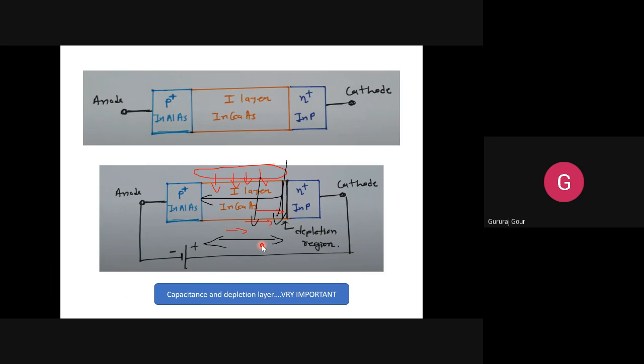What was happening in the forward bias condition is that, because of the smaller depletion region, we are not getting sufficient absorption. A smaller number of photons will be absorbed, hence less contribution of current by the photons.